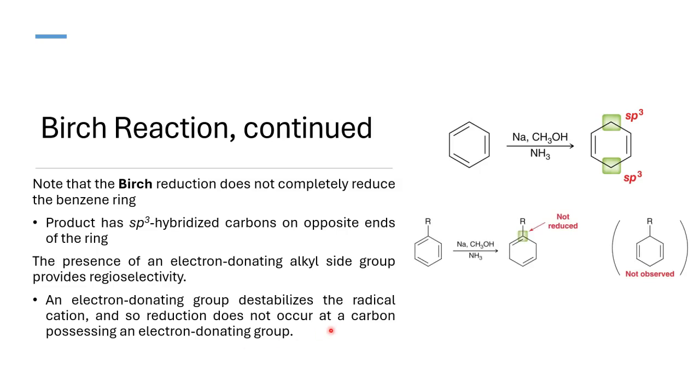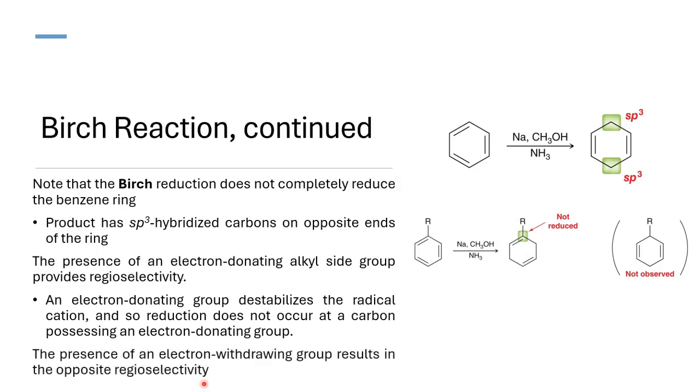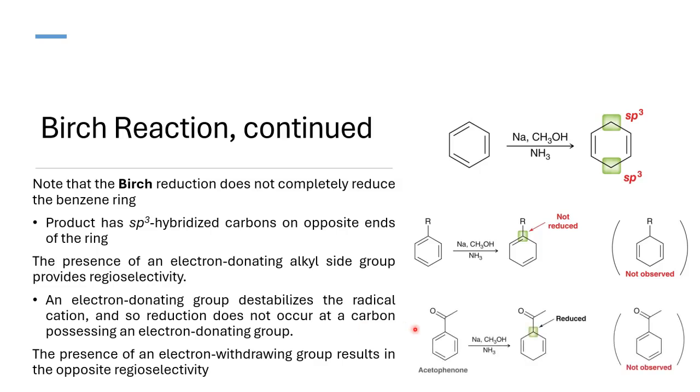That means the product will result with the double bond still being present at a carbon that contains the R group, and then the sp3 carbons are on opposite sides of each other. The presence of an electron withdrawing group results in the opposite regioselectivity. For example, if we have this electron withdrawing group, notice that we have the reduction taking place at the carbon with that group attached to it.